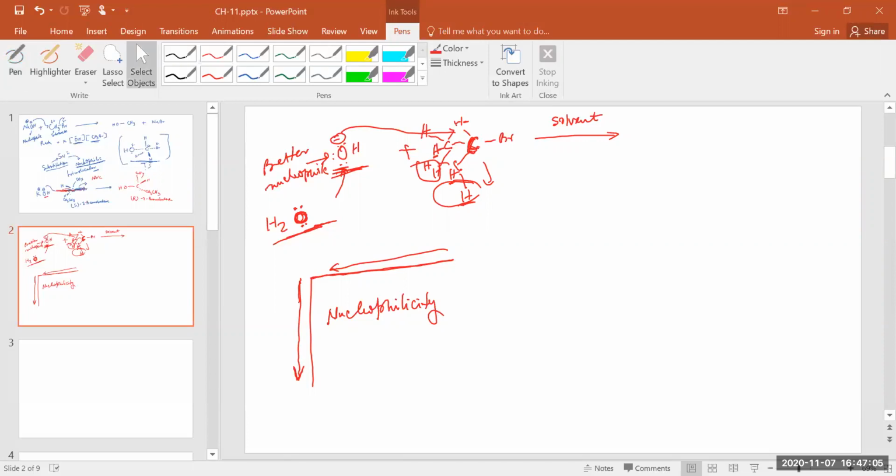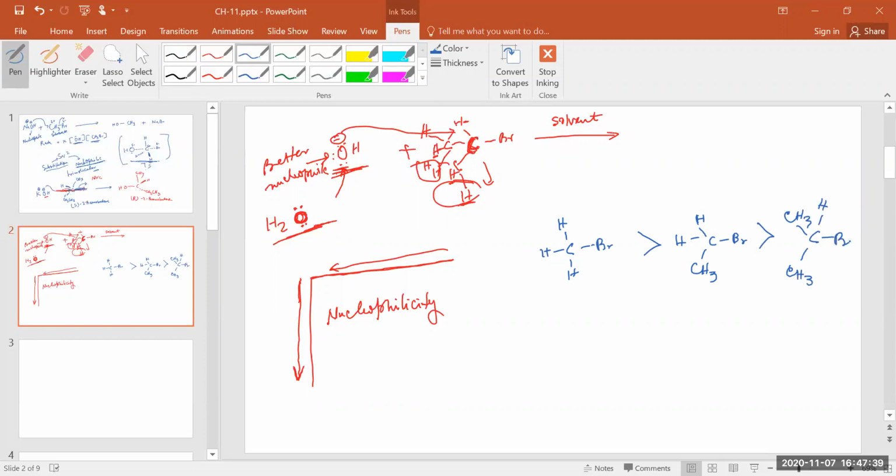So easily you can see that if you have methyl bromide, it is better than ethyl bromide, because you are bringing one extra carbon, CH3. That is better than isopropyl bromide, because it is creating more crowd.